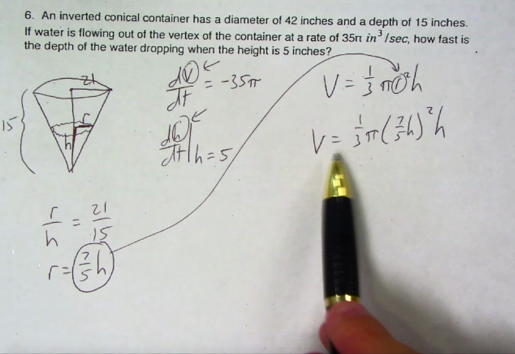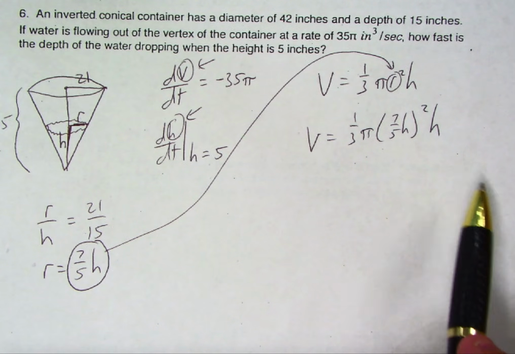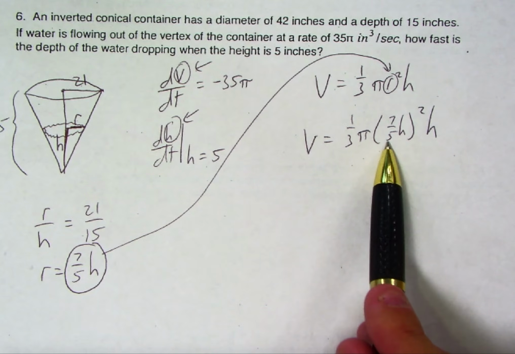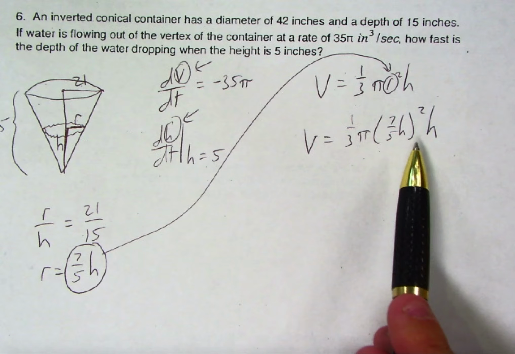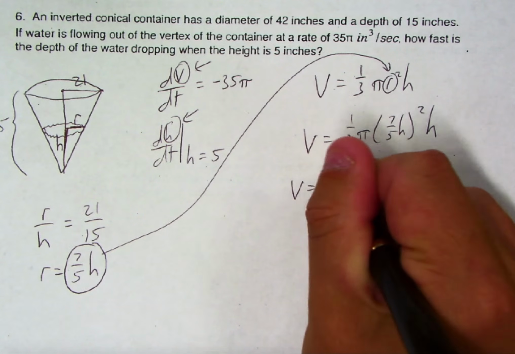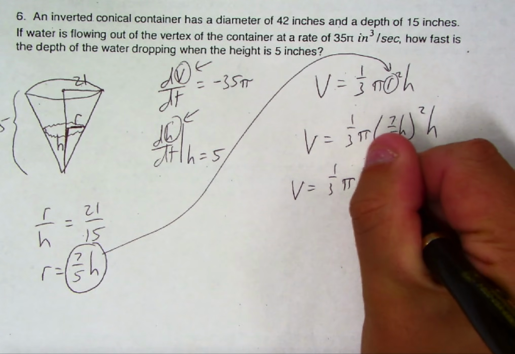I'm still not going to differentiate yet. I want to clean this up as much as possible. Make your lives easier. If you try to differentiate this right now, you guys are going to have to do product rule because you have two different h's being multiplied. So don't do that to yourself. Clean all this up. So I'm going to distribute the 2. So that's going to be 49/25 h squared.